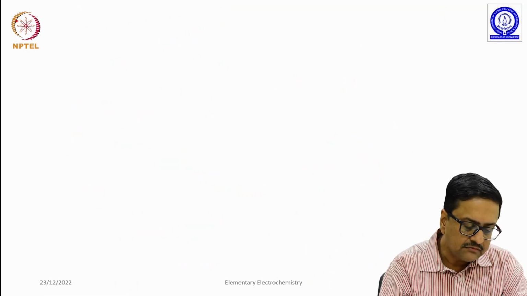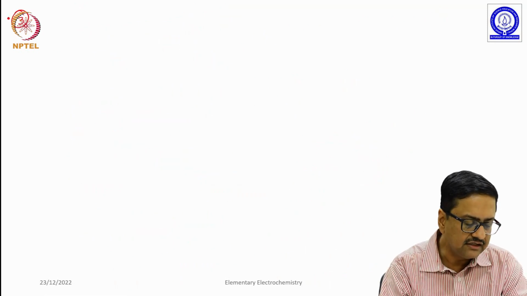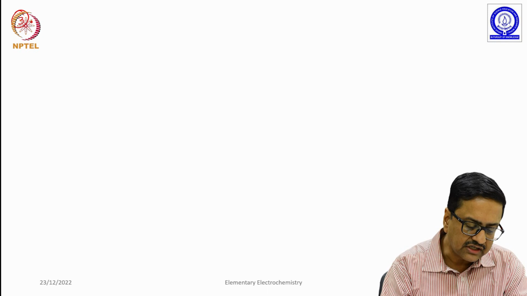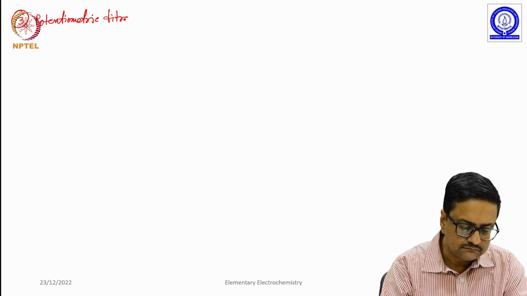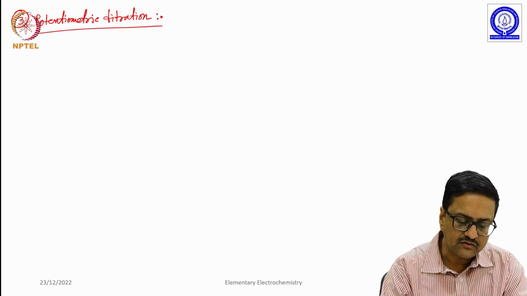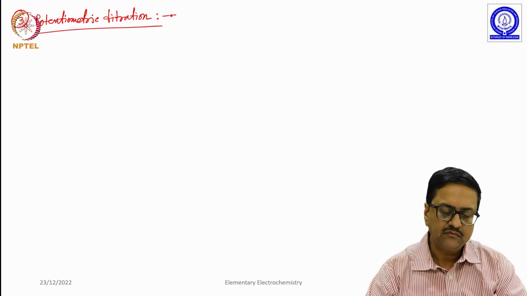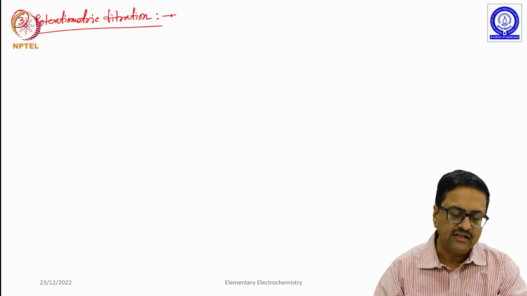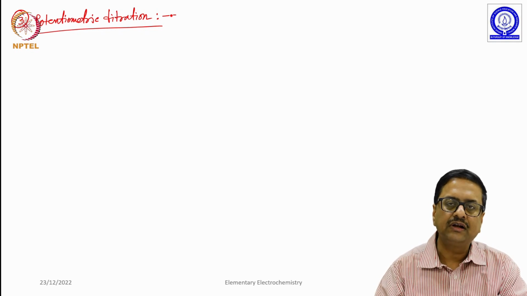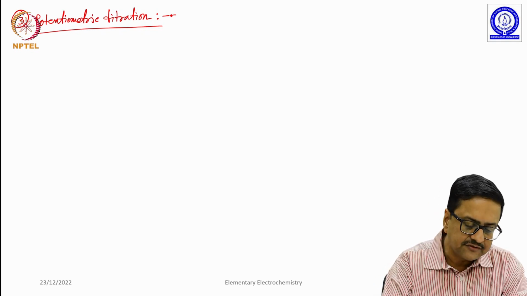The next application that one should learn is the potentiometric titrations. So, it means that we will be doing some kind of titration experiments by measuring the potential of the cell that is used during that particular electrochemical experiment.